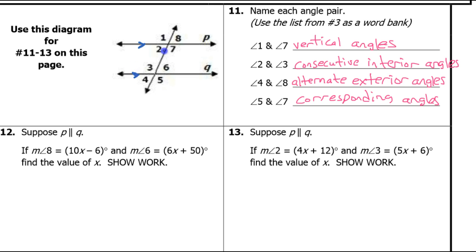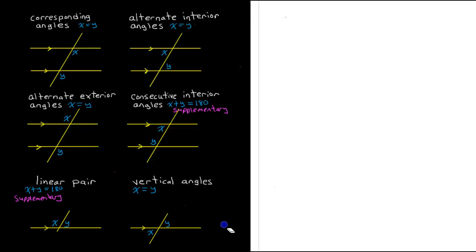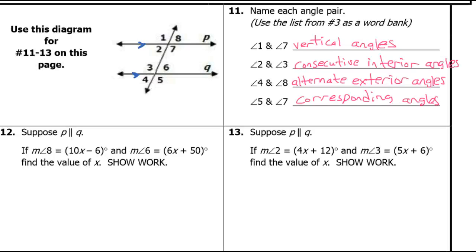So now if they're parallel, then a lot of these angles are going to be congruent. Let's look back in the notes. For example, corresponding angles are congruent. Alternate interior angles are congruent. Alternate exterior angles are congruent. However, consecutive interior angles like these are supplementary. So watch out for that.